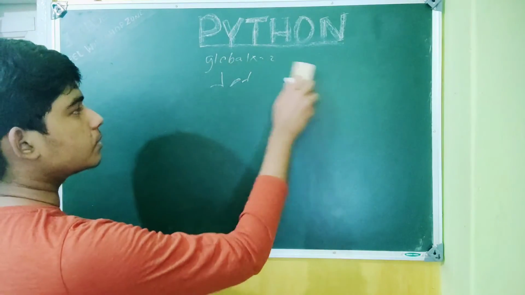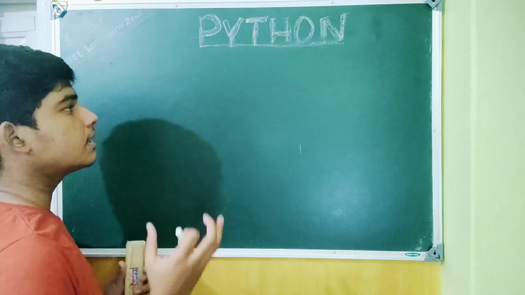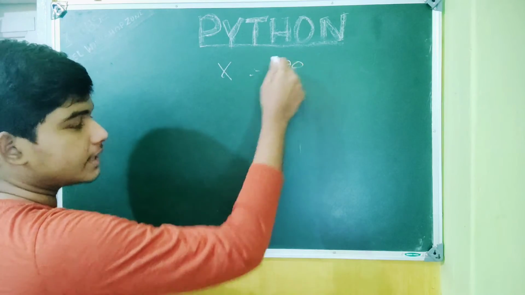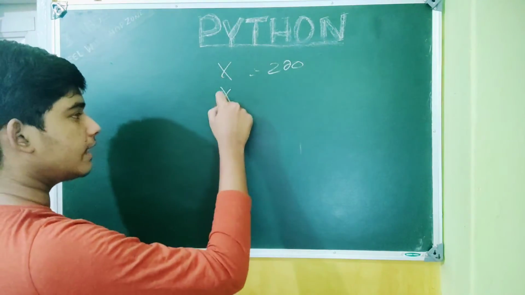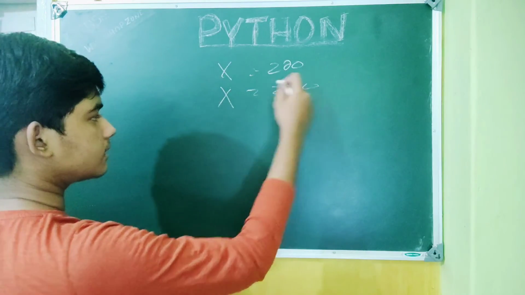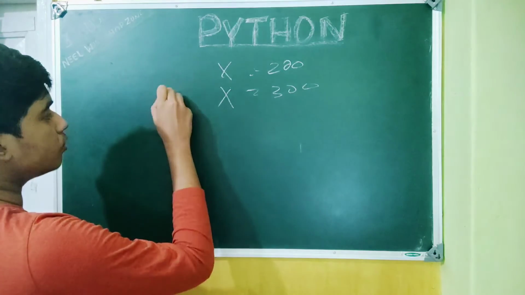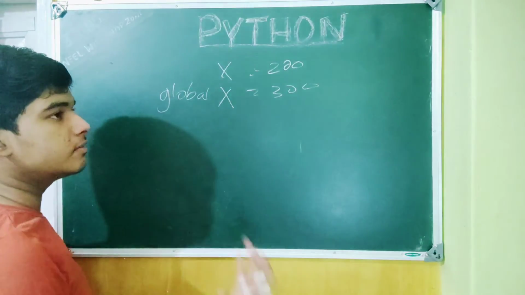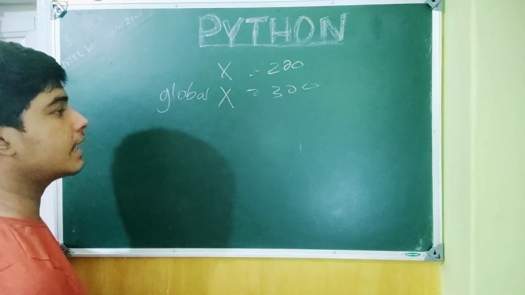Now let's talk about the last and final doubt. Imagine you have written two variables. Let's say x is equal to 200, and you also want to write another variable that has the value 300. Can you assign the value 300 by using the same x? No, the answer is no. But by using the global keyword, you can, because then the keyword considers one inside the function, and the global one you can use anywhere else.